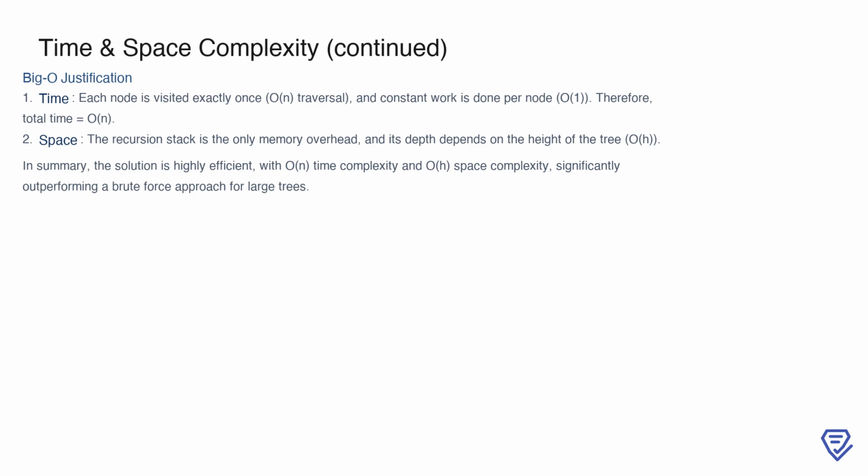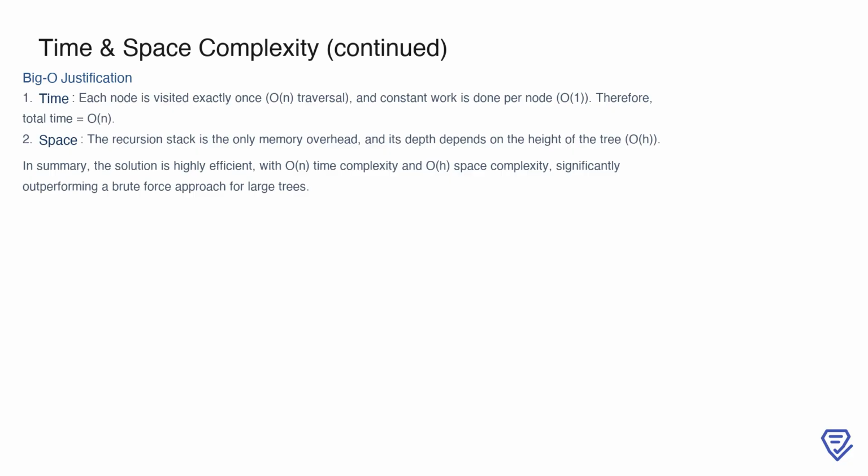For time complexity, each node in the tree is visited exactly once during the O(n) traversal, and the constant amount of work per node contributes an additional O(1). Together, these result in a total time complexity of O(n). For space complexity, the only memory overhead comes from the recursion stack, which depends on the height of the tree, or O(h).